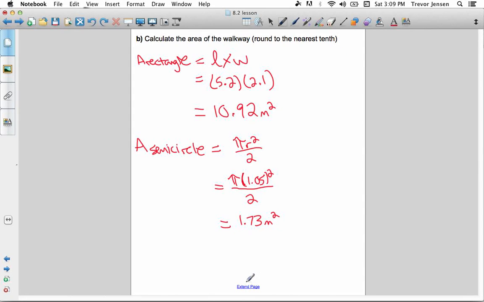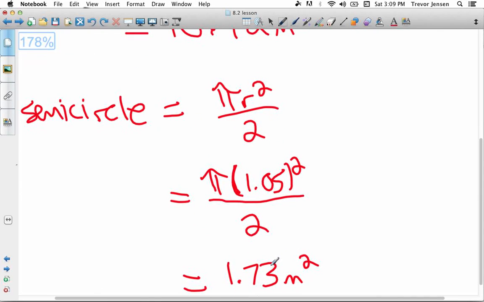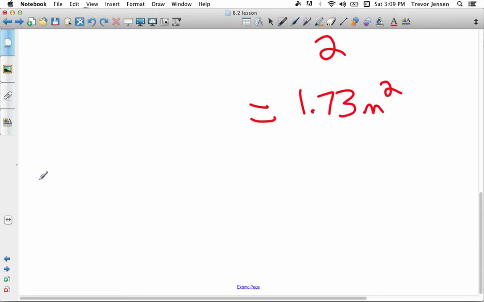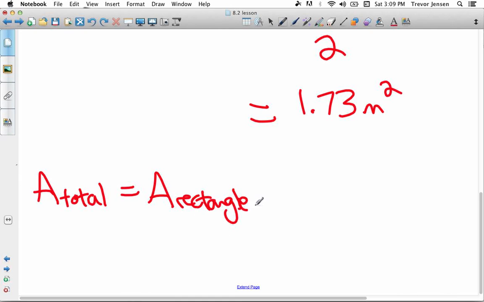My total area, let me zoom in again. So my total area equals the area of the rectangle minus the area of the semicircle.